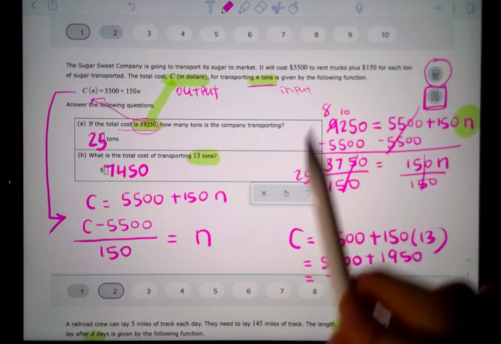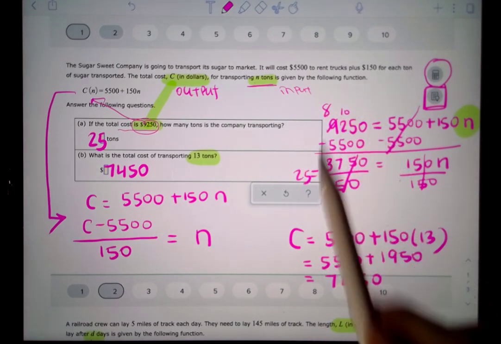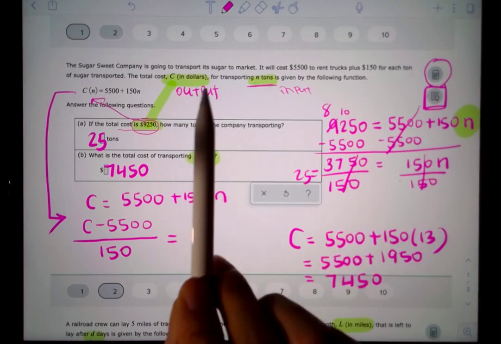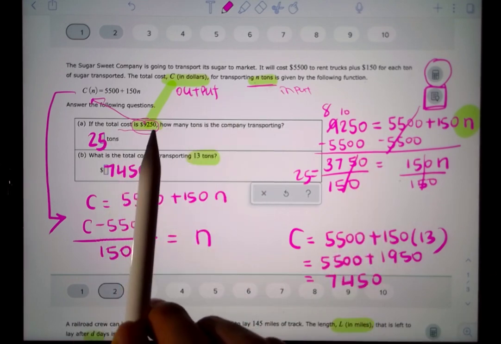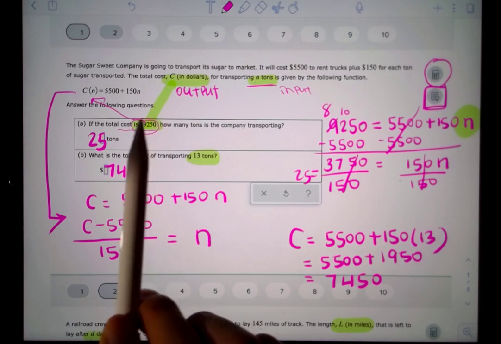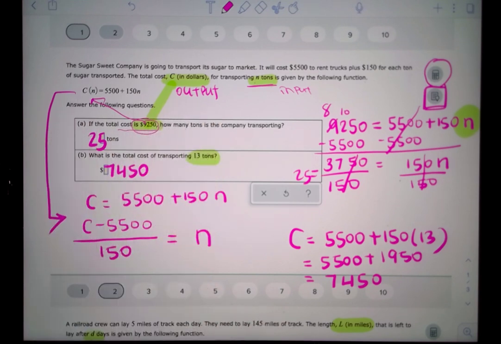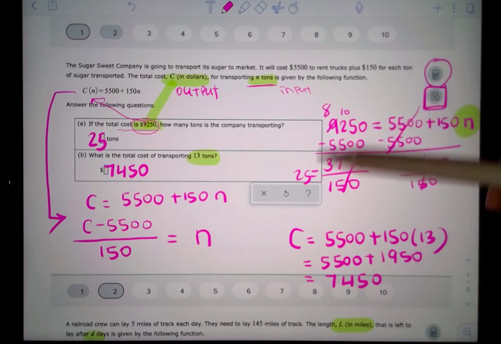So I just calculate the number. If you like this way, you can just do that, but you need to know which one is input, which one is the output, and then you need to figure out, oh, that's my output, I need to put 9250 for my C, right? If you know that and then you just want to calculate it, you can do it. Definitely you can do that.